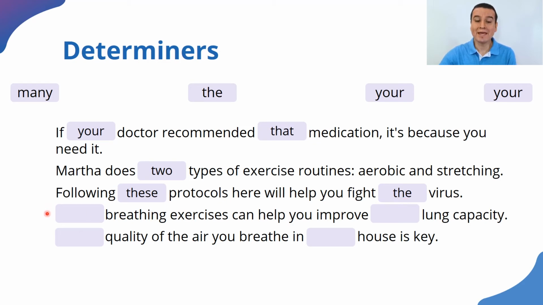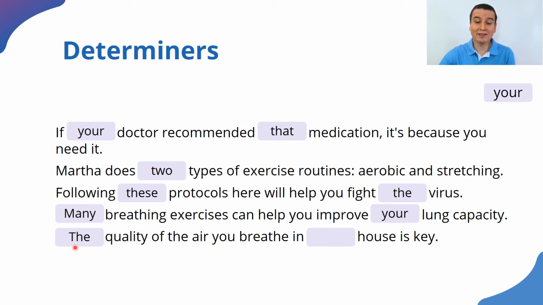Next, many breathing exercises can help you improve your lung capacity. All right? And the last one that we have: the quality of the air you breathe in your house is key. So the and your could be the determiners that can complete those blanks in that sentence there.